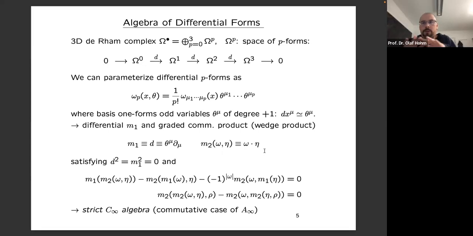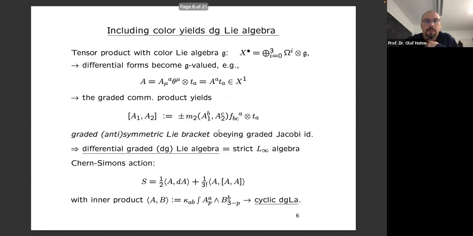Okay. And of course, on the entire de Rham complex, you want it between arbitrary P forms. That was here. And this formula works also for arbitrary forms. There's a sign which depends on the form degrees of the inputs. This here was just an example.